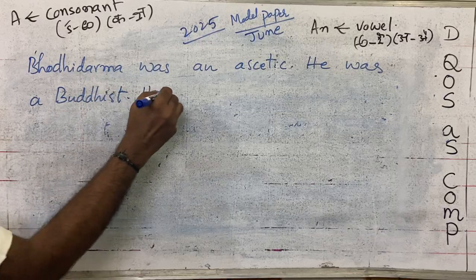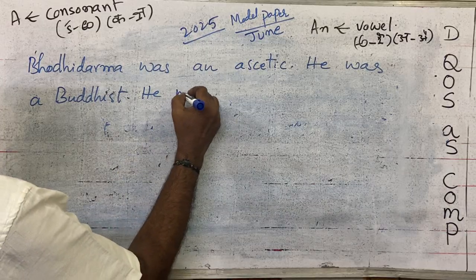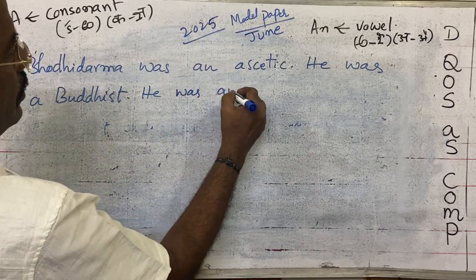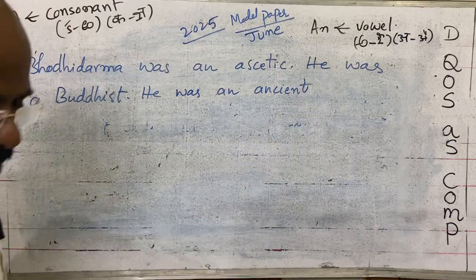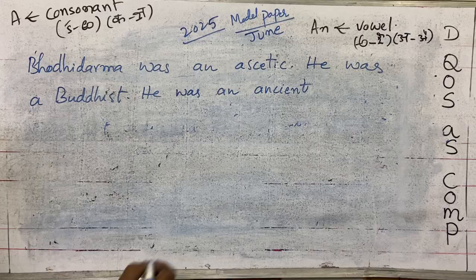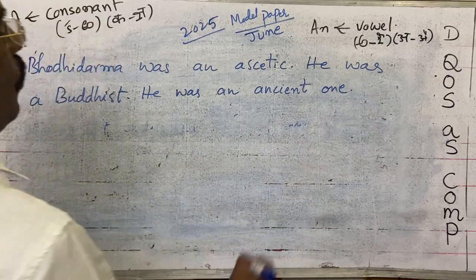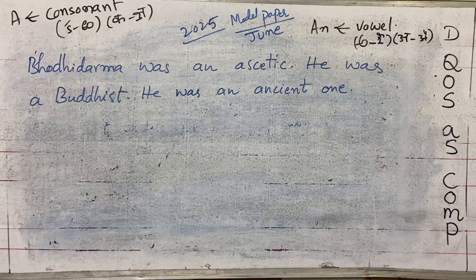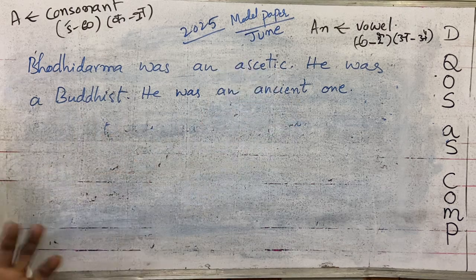And here he was an ancient one. See properly, ancient one is also given. Okay, he was an ascetic. There are ascetics in different religions, but he belongs to Buddhism. So that's why Buddhist ascetic.